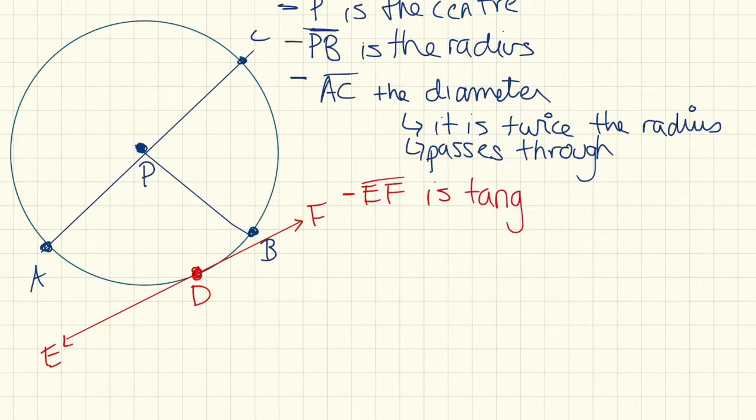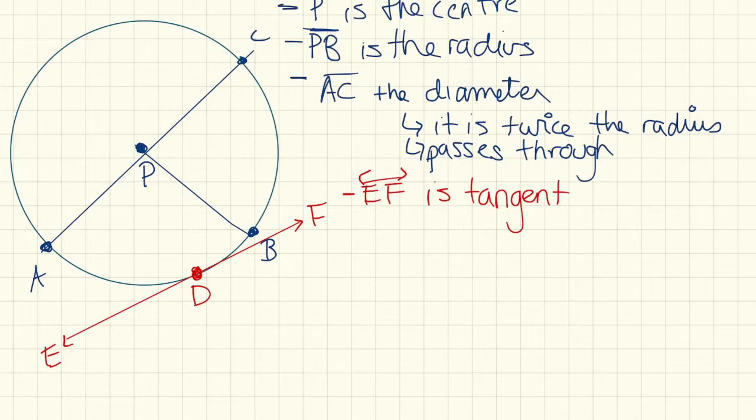It's a line that touches the circle at one point, and that one point here is D. What I should have added is that a tangent is a line that goes on forever. It's not a segment, so I've put arrows on it. So EF is tangent to the circle.